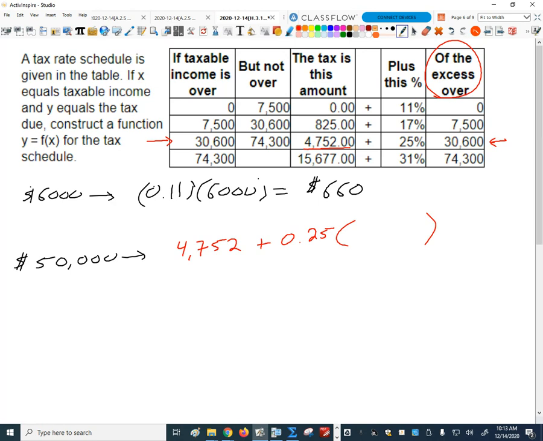You're right. Okay, it'd be X. In our case, X is 50,000, right? So we're actually putting in a specific value. So it would just be whatever we get when we subtract 30,600 from 50,000. Right? And so if we made that calculation, what are we going to get? It's going to be 4,752 plus 0.25 times, what's that going to be? 19,400.